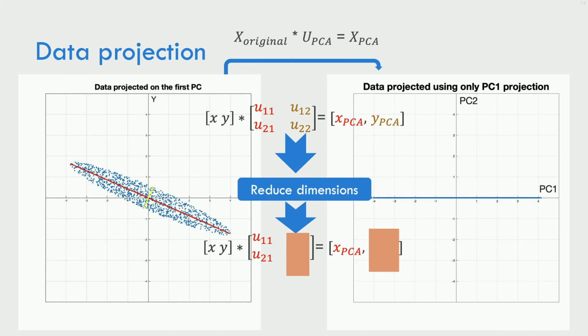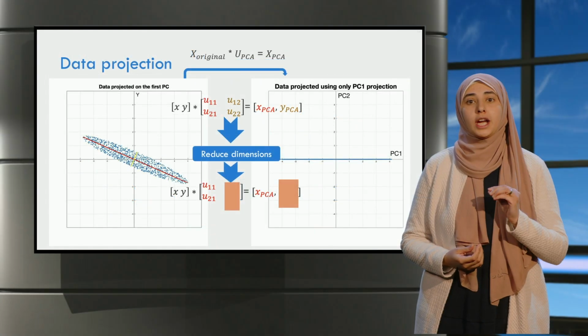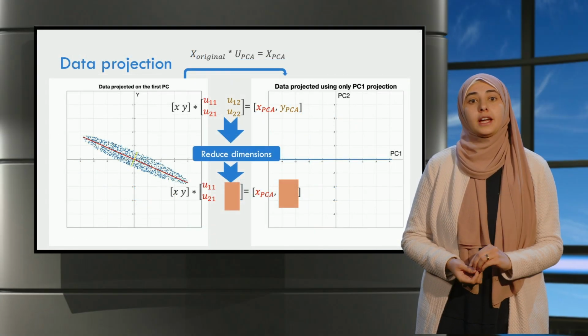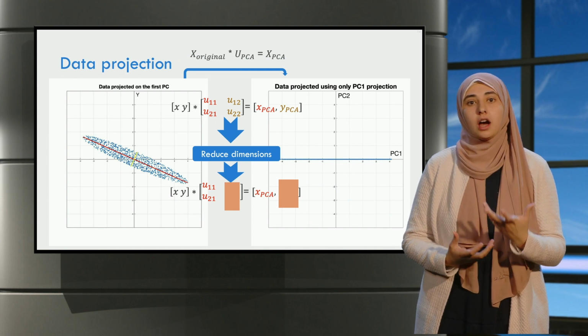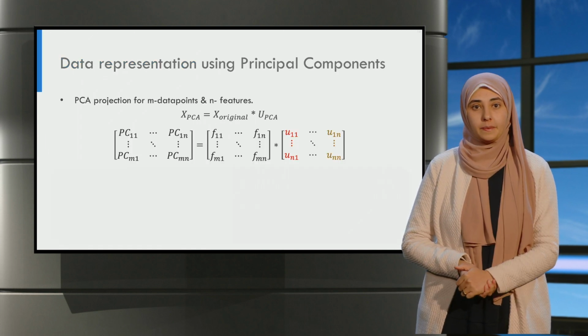That way, every point of 2 features in the original space will get mapped to 1 dimension in the PCA space. What we gained using the PCA to reduce the dimensions is that it projected the data on the direction of the maximum variance instead of any other direction in the data.